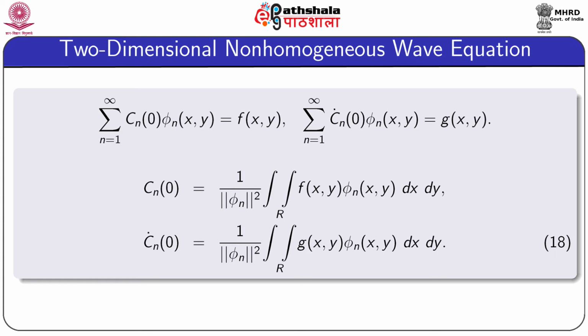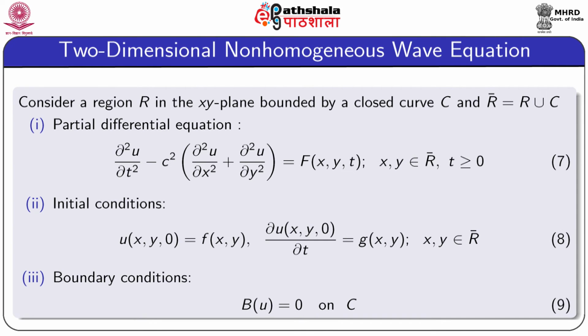Now, I am coming to the initial condition of the problem. So, if we go back to the initial condition, the initial condition is given in equation 8, where the value of u at time t equals 0 is f and del u del t at time t equals 0 is g.